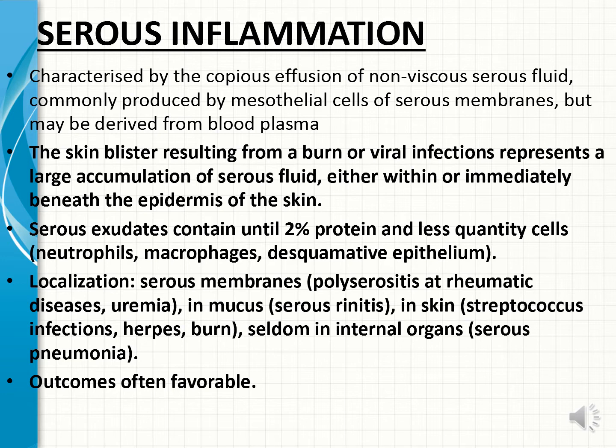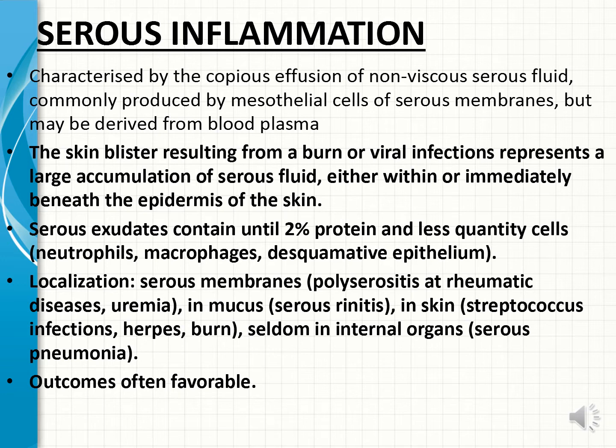Serous inflammation is localized usually at serous membranes, and we see the symptoms of polyserositis, for example, in rheumatic diseases, uremia. We see this kind of inflammation in mucosa, like in serous rhinitis.